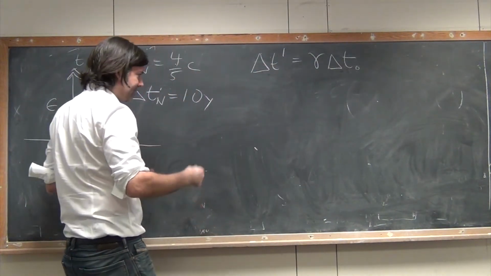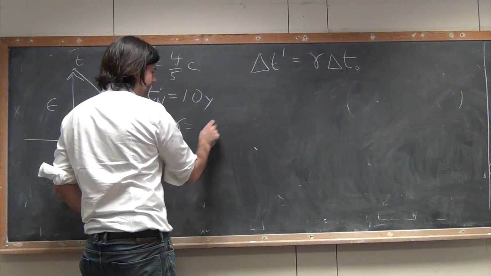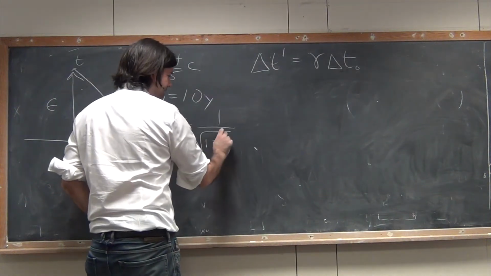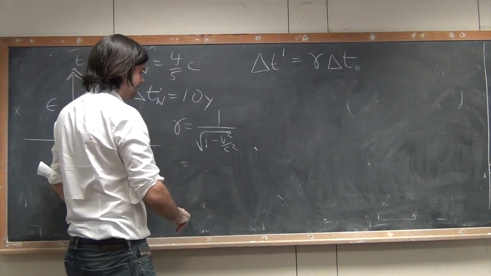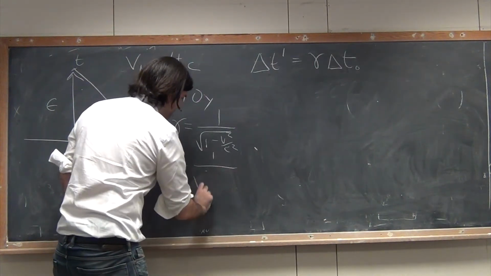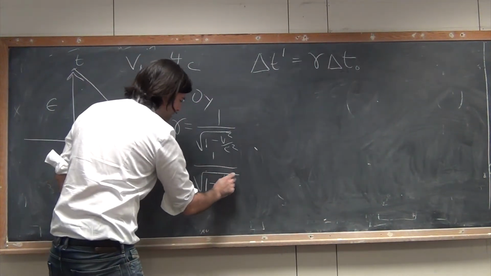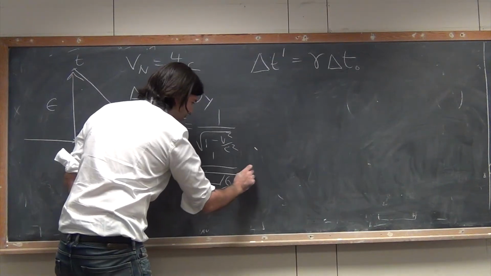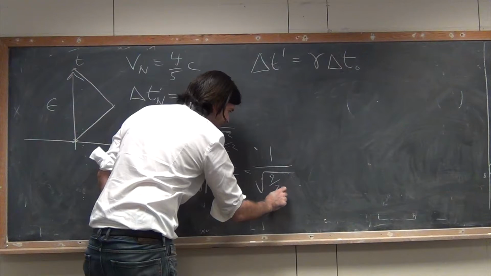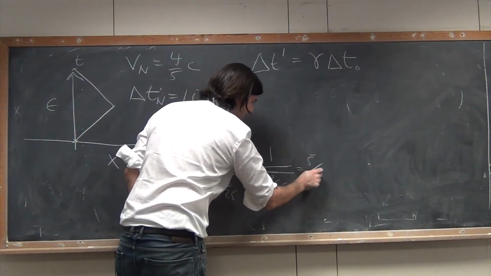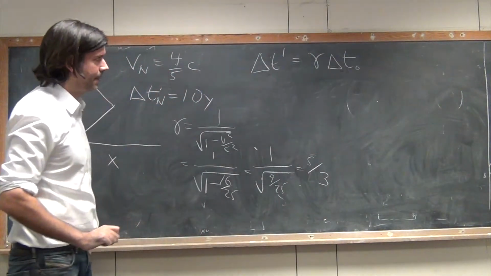So first, let's calculate the gamma factor. So gamma is 1 over the square root of 1 minus v squared over c squared. V over c is 4/5. That's 1 minus 16/25, which is equal to 1 over the square root of 9/25, which is 5/3.